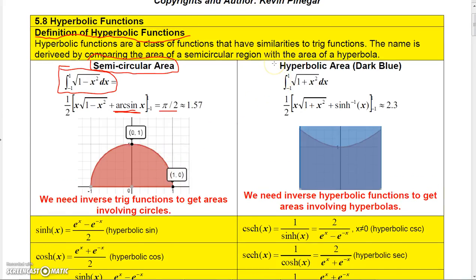But if we wanted to find the area bounded by a hyperbolic function, this dark blue area down here, then we would actually have to integrate a function that looks like this from -1 to 1, and what we would get is an inverse hyperbolic sine function in the equation, and so we need to know about these inverse hyperbolic sines to evaluate areas of this nature.